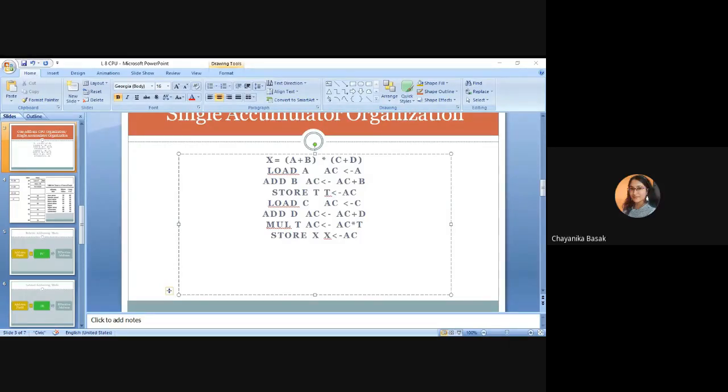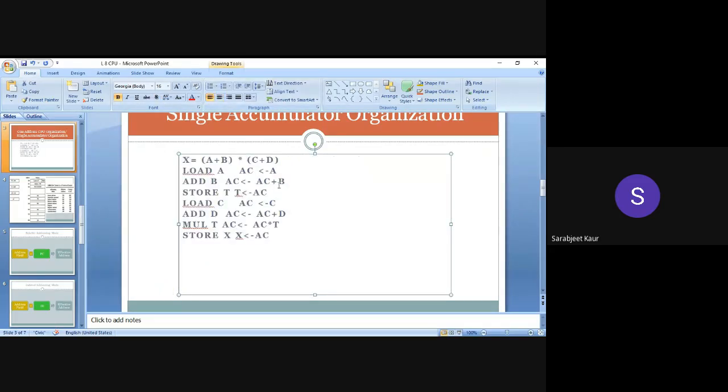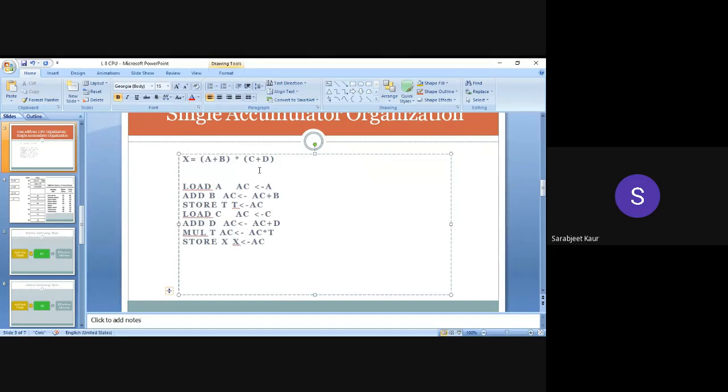Yes, ma'am. Right. So if these are actually memory variables, then we can simply say in the comments that this is M of A. Okay.